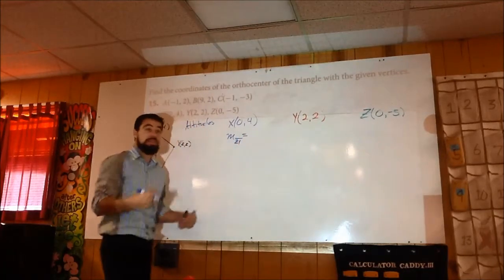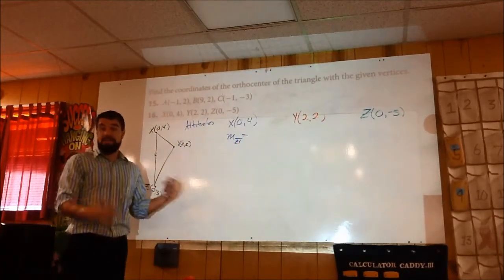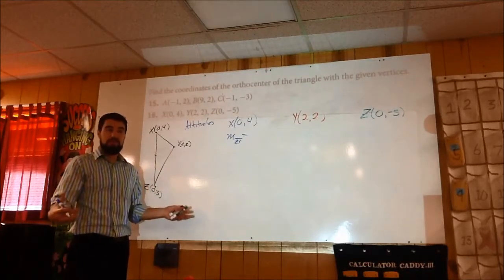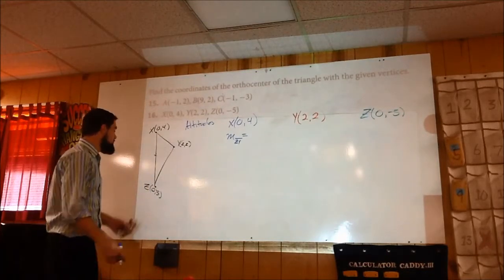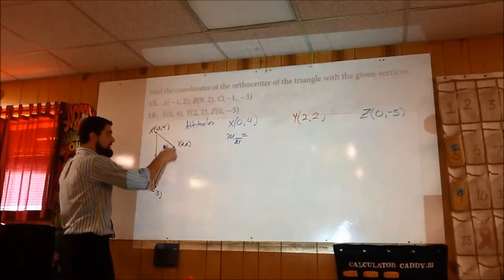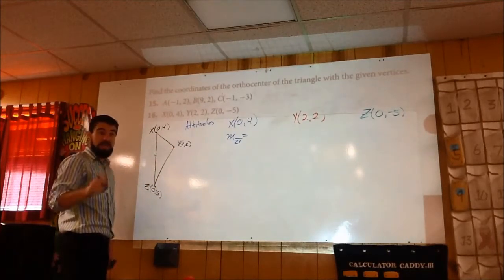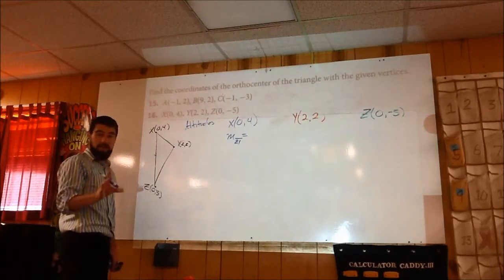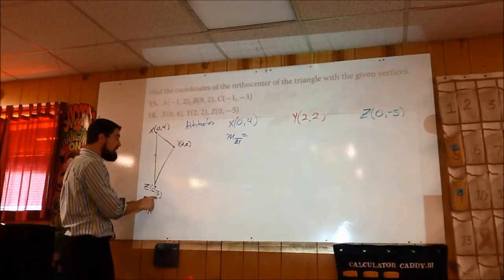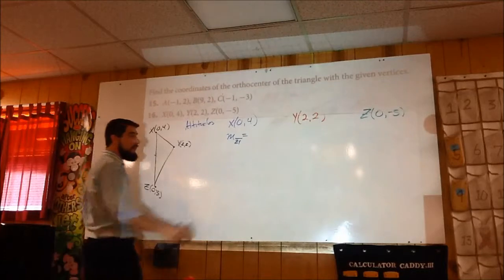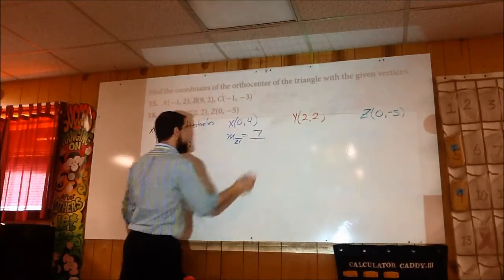Because we need to find the slope of the opposite side and then take the negative reciprocal so we know what the slope is that's perpendicular to that side. So here we go. The slope of this segment here, obviously it's positive. My rise, that's the change in y, that's my numerator, correct? It starts at -5 and goes to +2. What's my rise? 7.